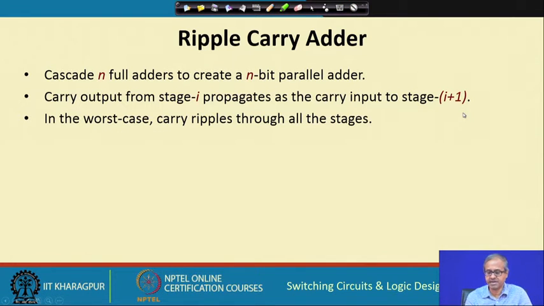So, the first design that we look at is something called a ripple carry adder, and it very naturally and directly mimics our hand computation, the way we add by hand. We add the bits stage by stage, we accumulate the carry goes to the next stage, the carry gets added with the two input bits at the next stage, again carry is generated, it goes to the next stage and so on.